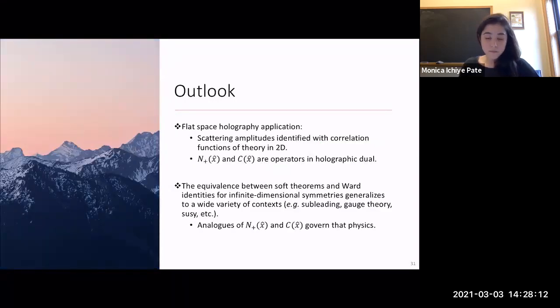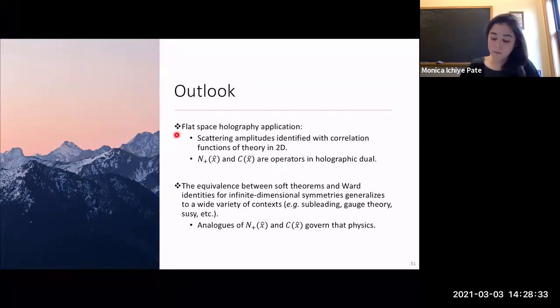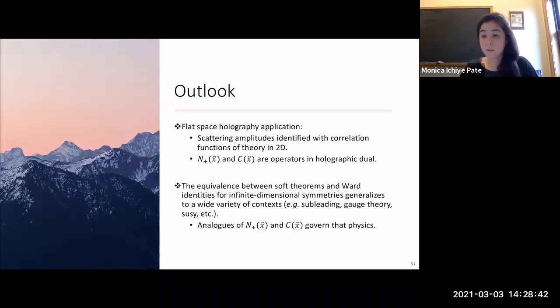And so the outlook and future directions is that this 2D language does have a little bit more structure. In particular, one can study if there's a natural way to identify scattering amplitudes in 4 dimensions with correlation functions in 2 dimensions.